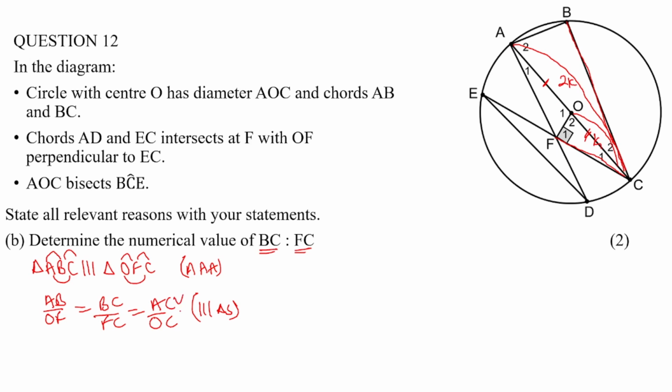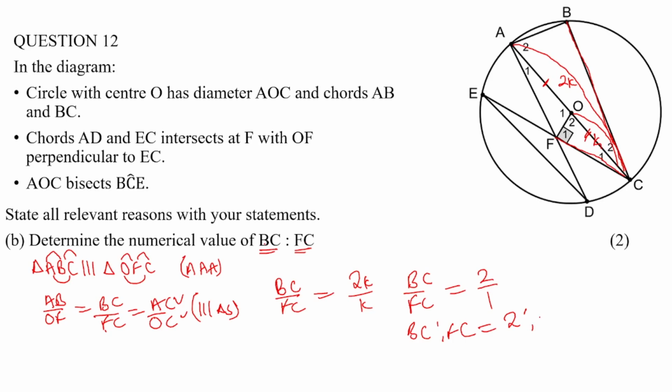We want to find the ratio of BC to FC, so BC over FC is equal to 2K over OC, which is K. Meaning BC over FC is equal to 2 over 1. The ratio of BC to FC is 2:1.